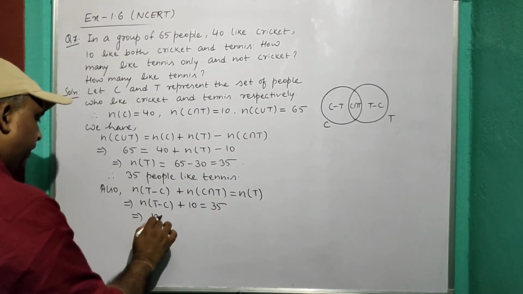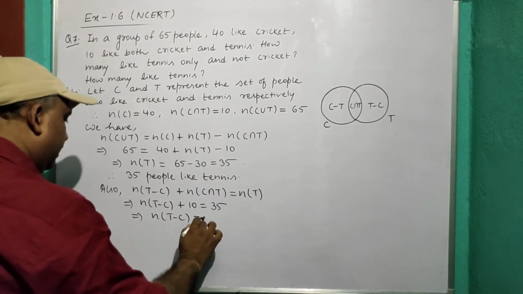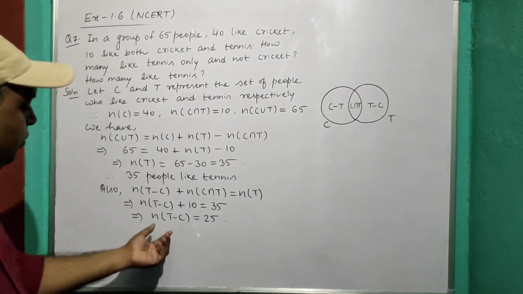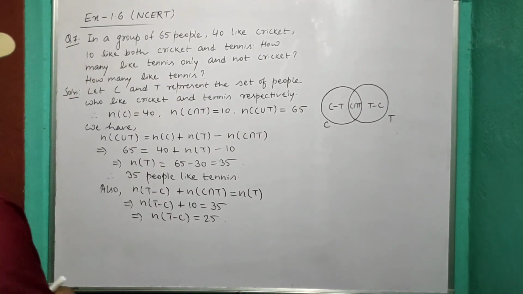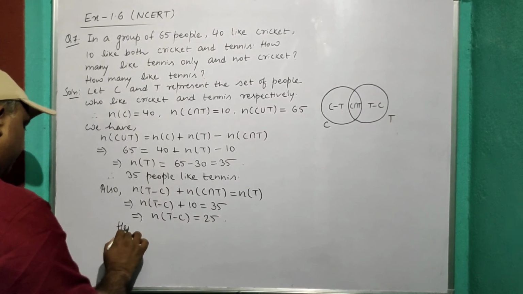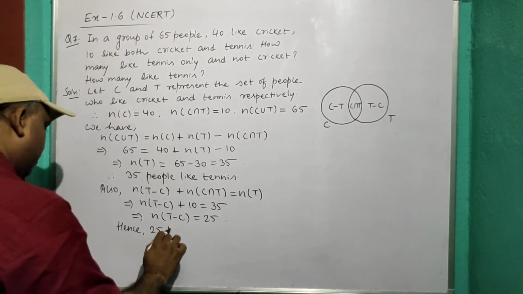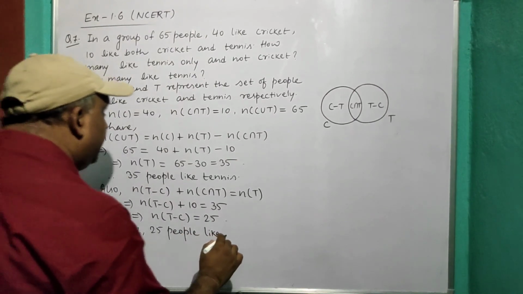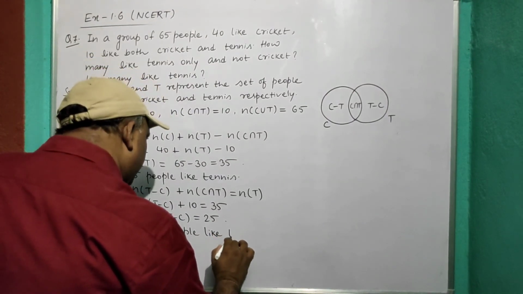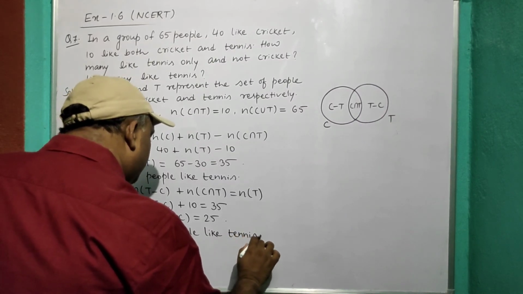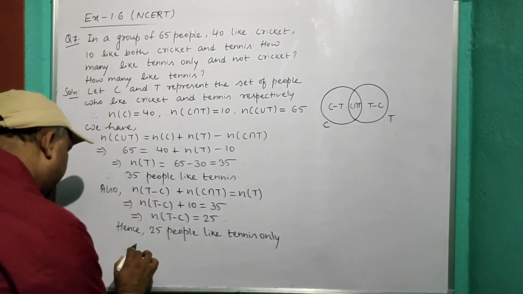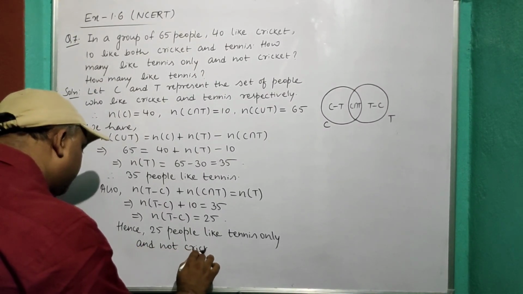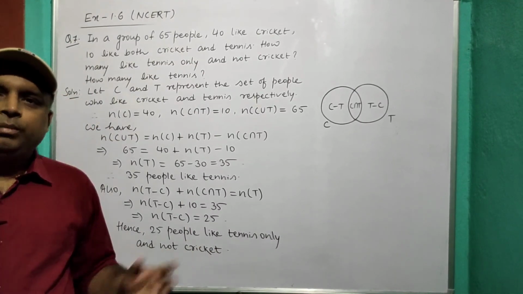So from this we get N T minus C equal to 25. It means the number of people who like tennis but not cricket is 25. So we can write 25 people like tennis only and not cricket. Please note it down.